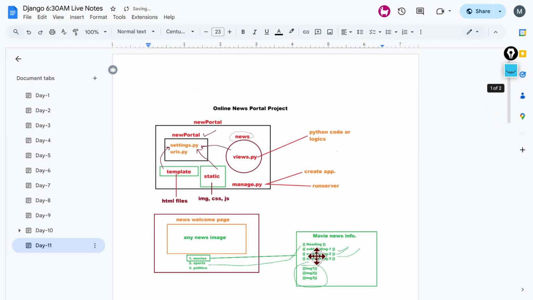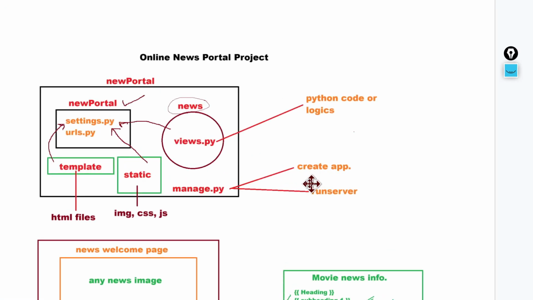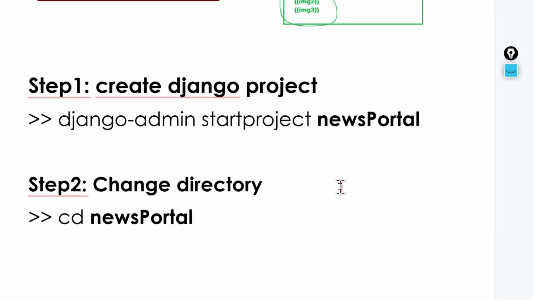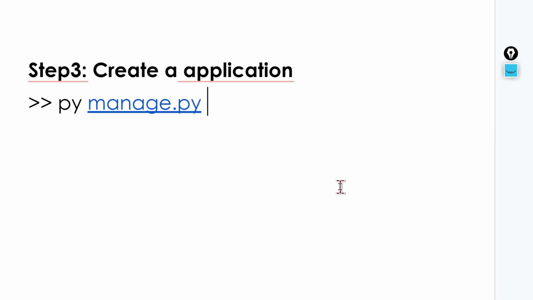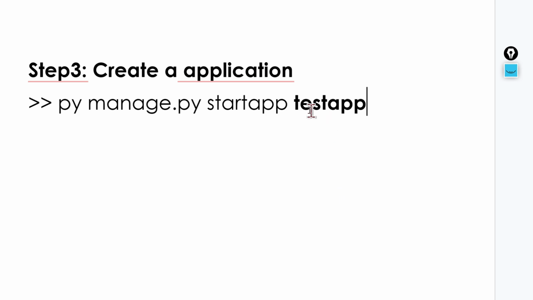With the help of manage.py we will create the application, and this manage.py file is responsible for creating the application. So manage.py startapp, and what is the application name? Let's suppose the application name is test app.